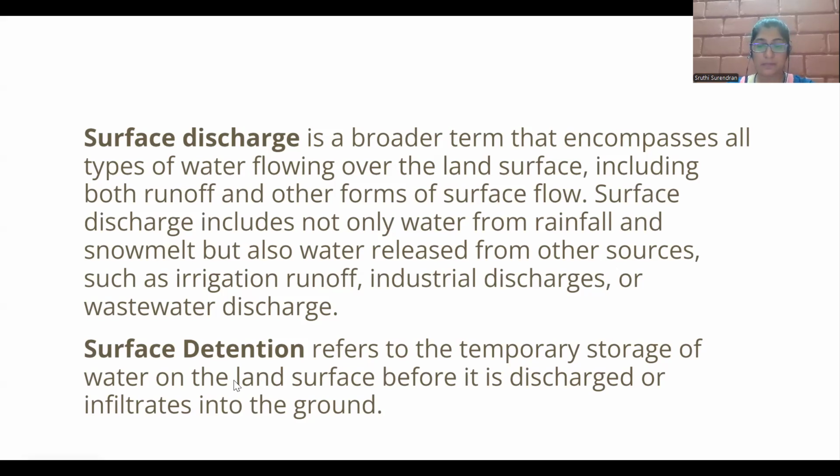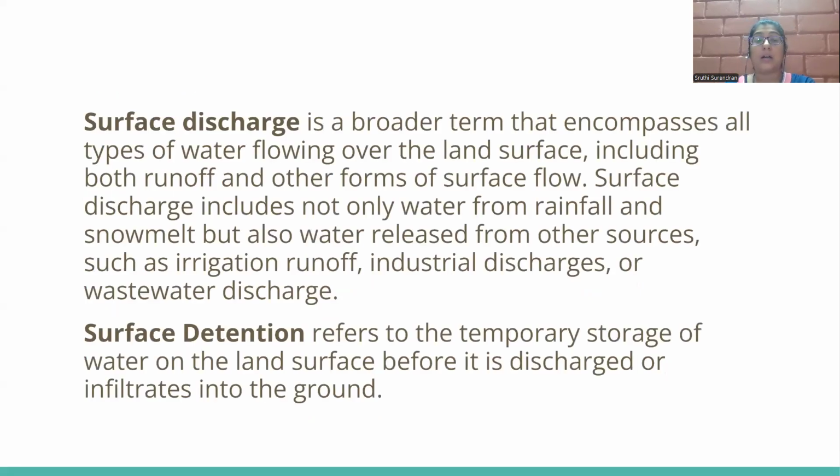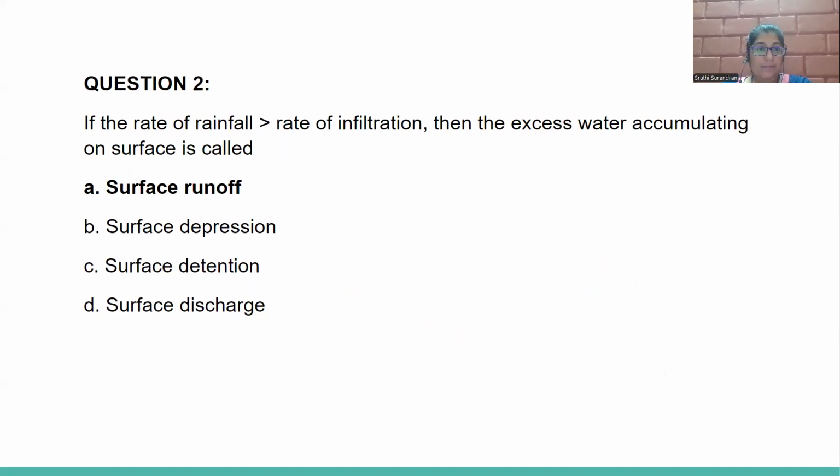We also have a term called surface depression, which is nothing but a small depression on the surface. Depression storage and surface detention are somewhat related. When water is temporarily stored on the surface of the earth as a result of small depressions, it is called surface detention or depression storage. So that was our second question.